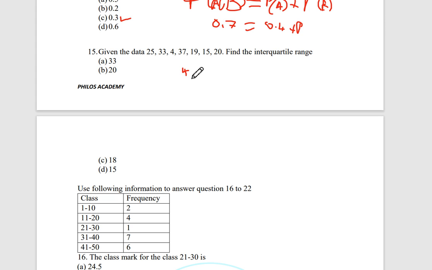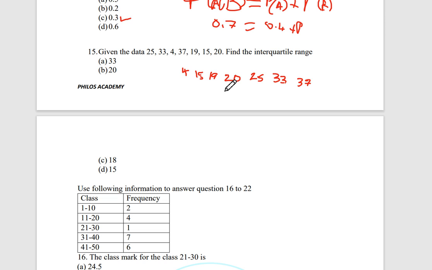We have 4, 15, 19, then 20, then 25, then the next one is 33. Then the next is 37. That's the last, right? 37.